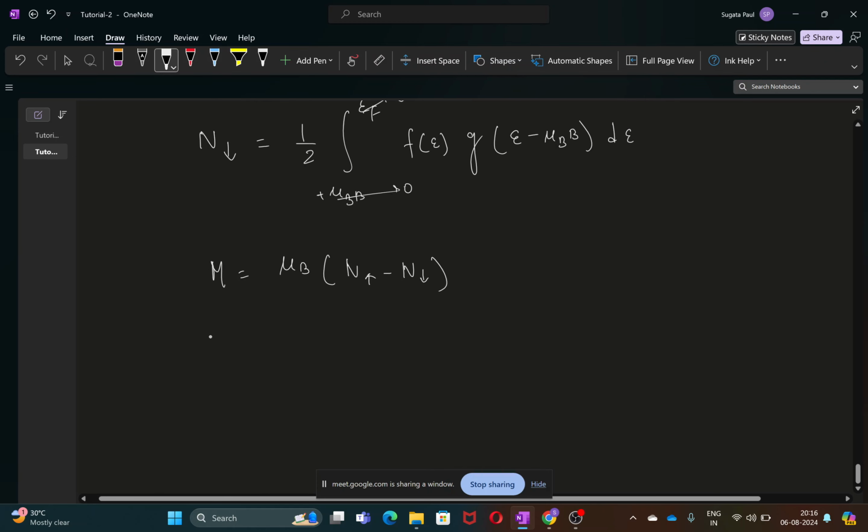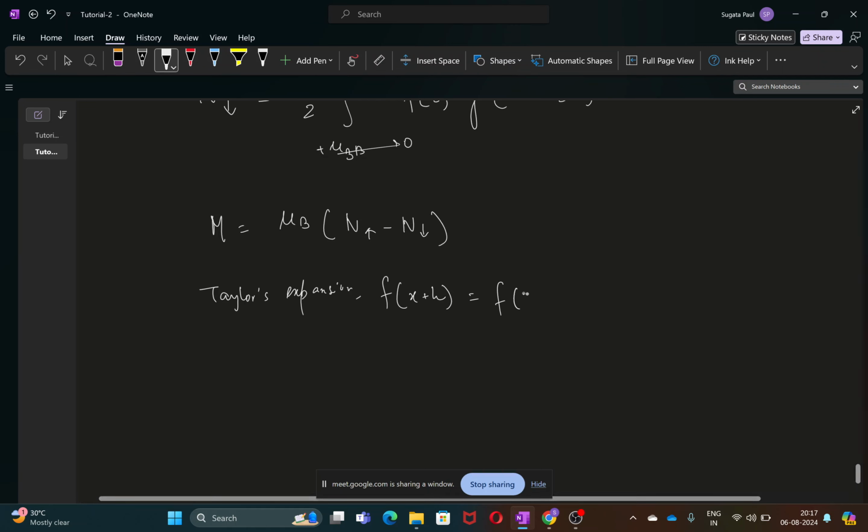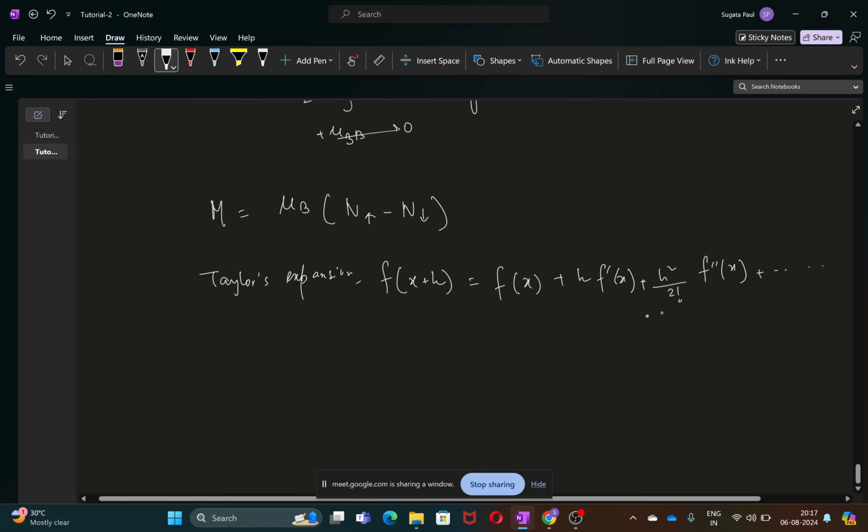Now you have to simplify these expressions so that you can get the integration done. Here we make use of the Taylor series expansion. If you remember, Taylor's expansion says that f(x + h) can be broken down into a series: f(x) + h f'(x) + h²/2! f''(x) and so on and so forth.